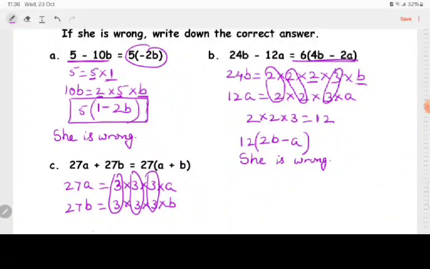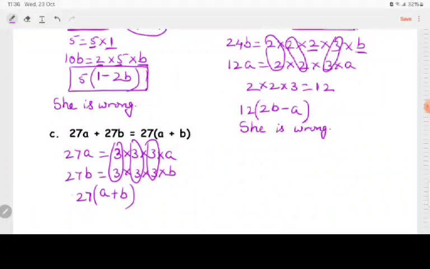So all the numbers are common. So I'll straight away write 27 out here. We have A plus B inside. So here she is correct. She is correct over here.